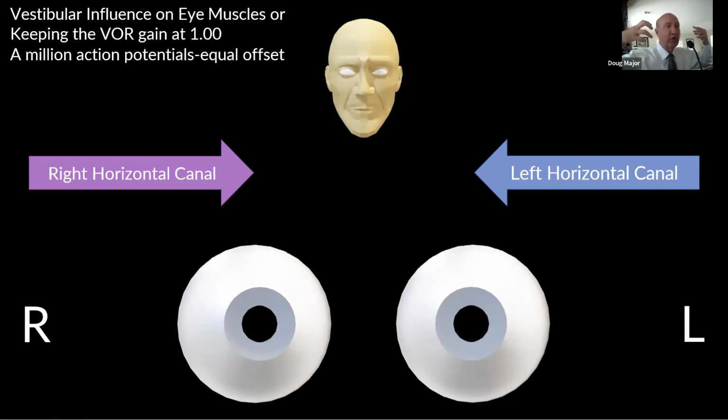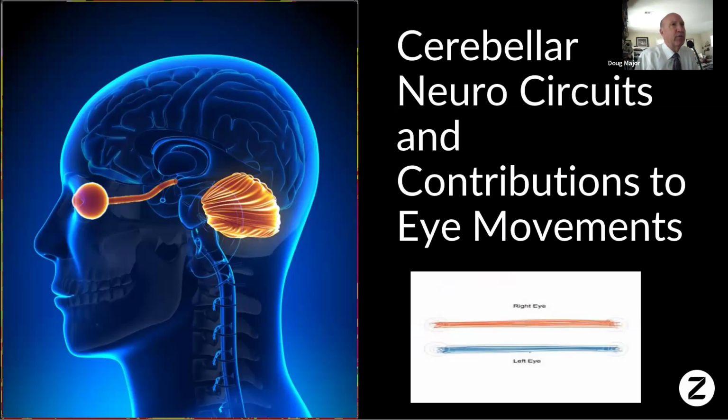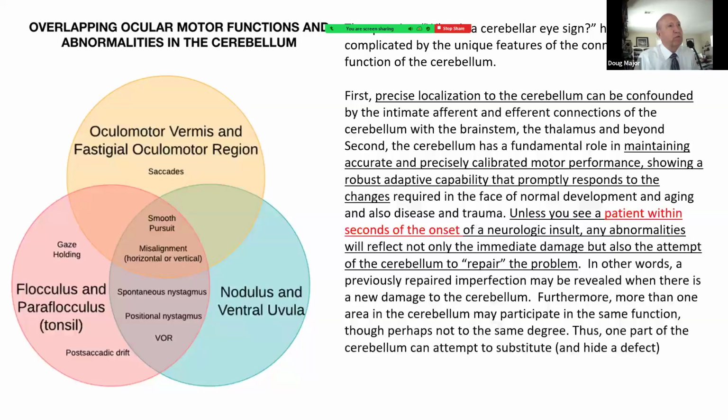The vestibular system can turn on, and to keep that gain close to 1, even though, as we've just pointed out, in an ideal situation, it's less than 1. Over 1 is more an autistic child. But we're going to, again, investigate that a little bit further as we talk about the neurocircuits and how they contribute to eye movements.